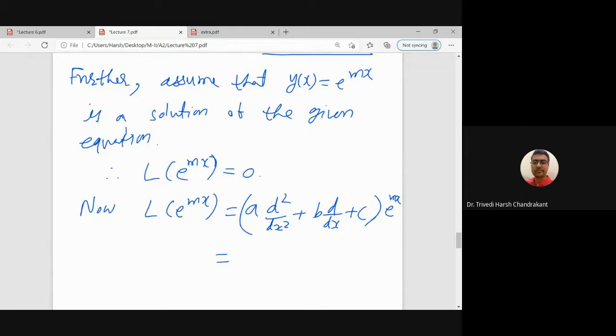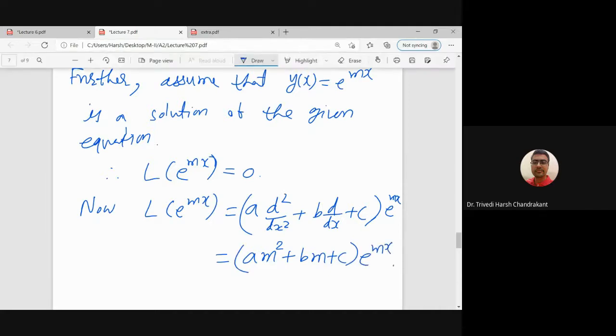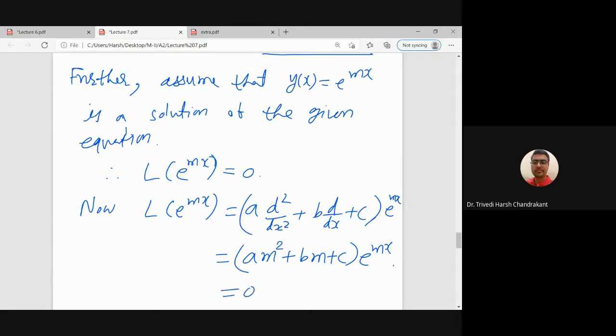So now if we apply this operator on e power mx, we know that the first derivative of e power mx is m times e power mx, and the second derivative is m square times e power mx. So we get the polynomial a m square plus b m plus c, times e power mx, right? And from the equation we know that L of e power mx is 0, right?